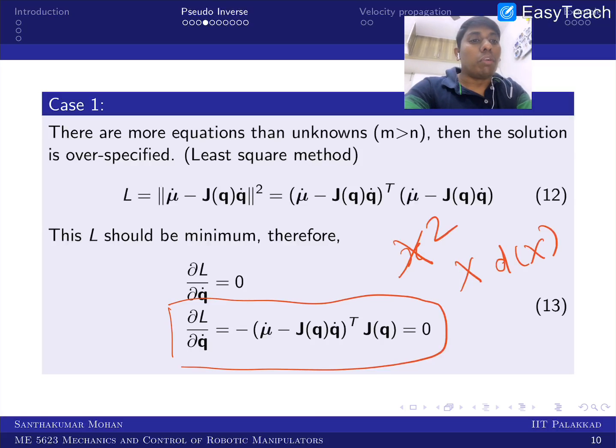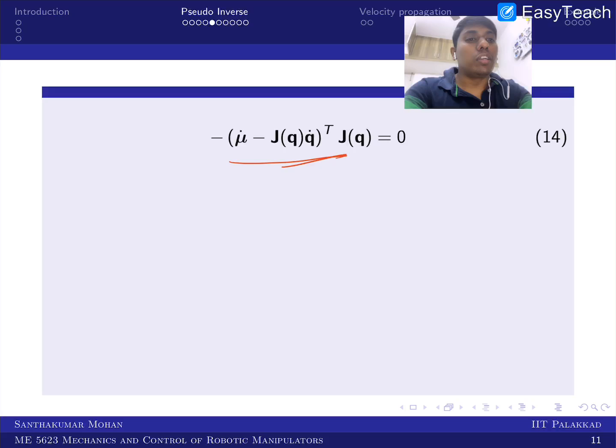I take this transpose as a single term, capital X, and then take the partial derivative. This goes to 0 and this remains as minus J of Q. That is why this minus has come, and this is J transpose, which I maintain since it is a vector. Now this is supposed to be equal to 0. I multiply this throughout by J of Q. So what will I get? But this is a transpose, so this will come like this.